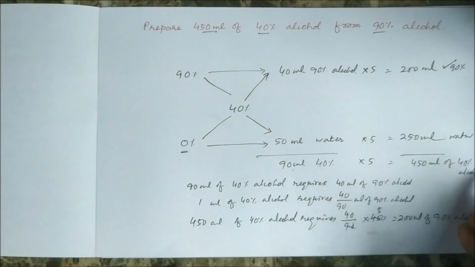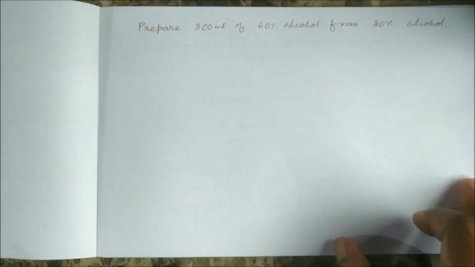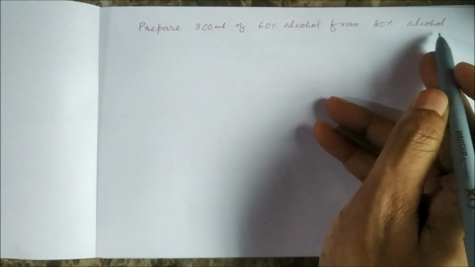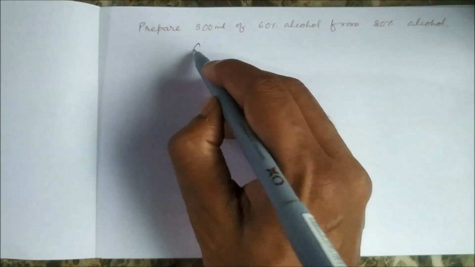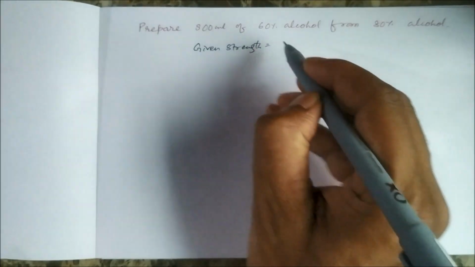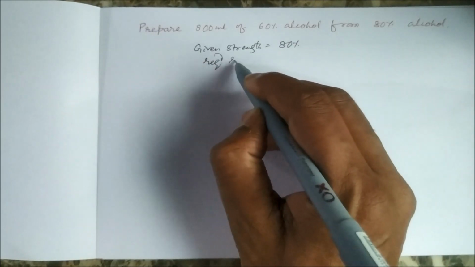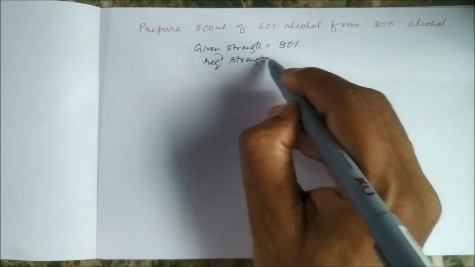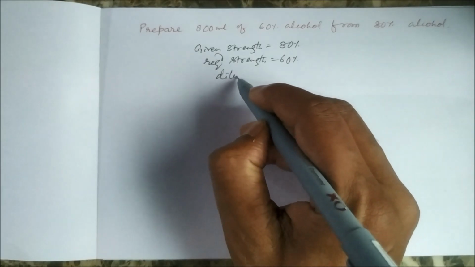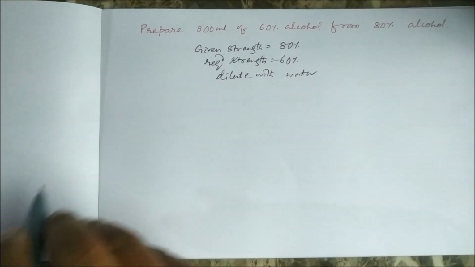Let us take another example. Prepare 800 ml of 60% alcohol from 80% alcohol. So the given strength is 80% alcohol, the required strength is 60% alcohol, and we will dilute with water, which is 0% alcohol.